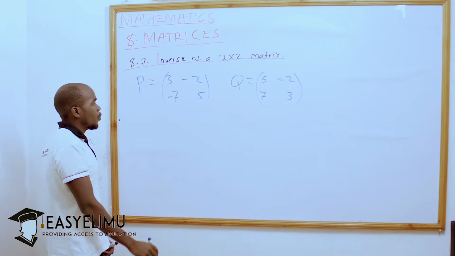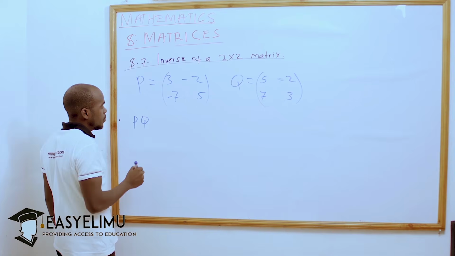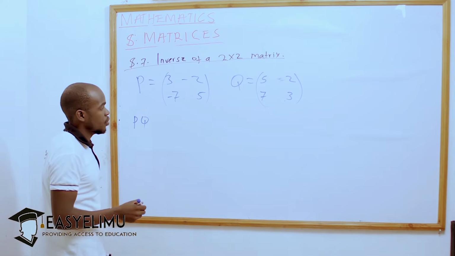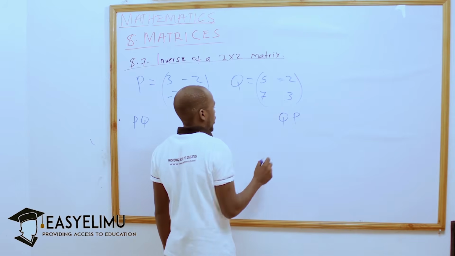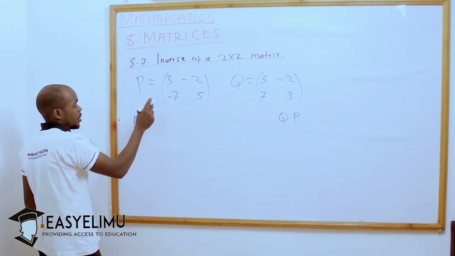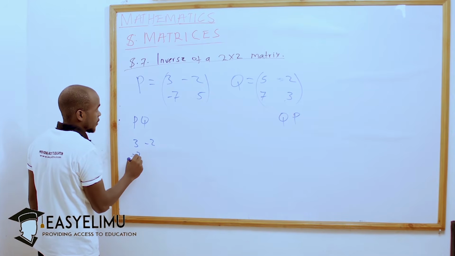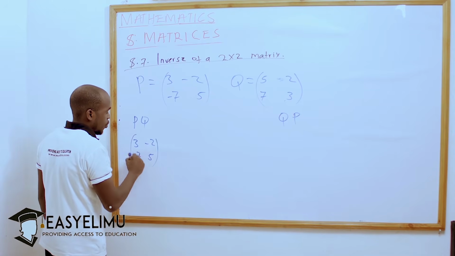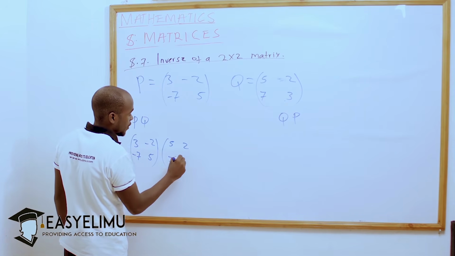Now, we want to see what will happen if we multiply P and Q, and also what will happen if we multiply Q and P. So in this case, we take P, 3, -2, -7, 5, and multiply by Q, which is 5, 2, 7, 3.